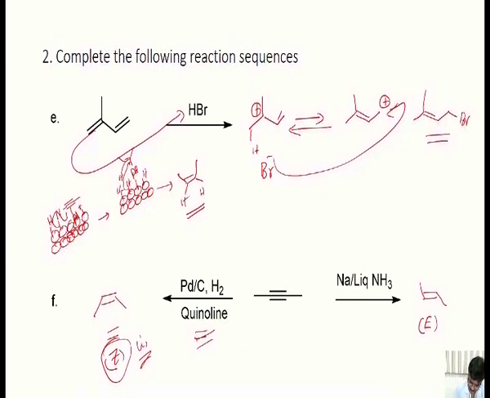On the other hand, when you use sodium in liquid ammonia, you will be able to form the trans alkene, trans-2-butene as the product. Formation of this can be explained as follows.